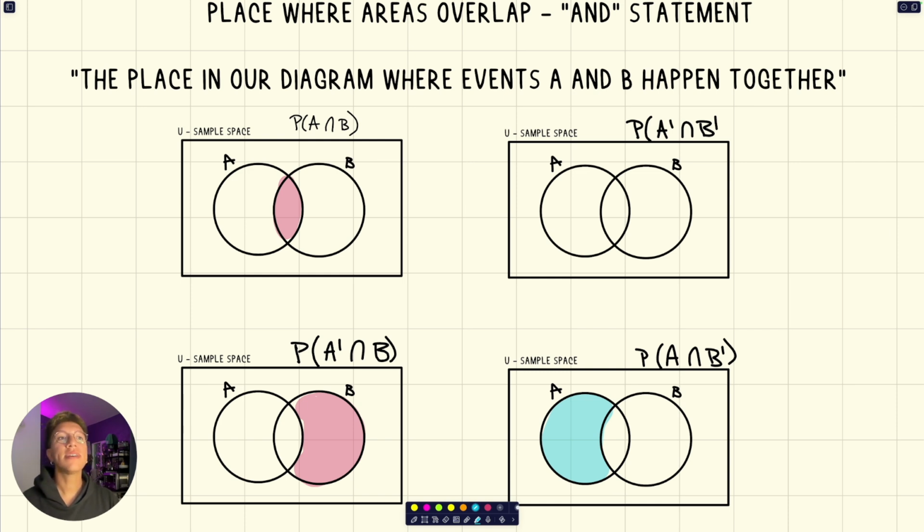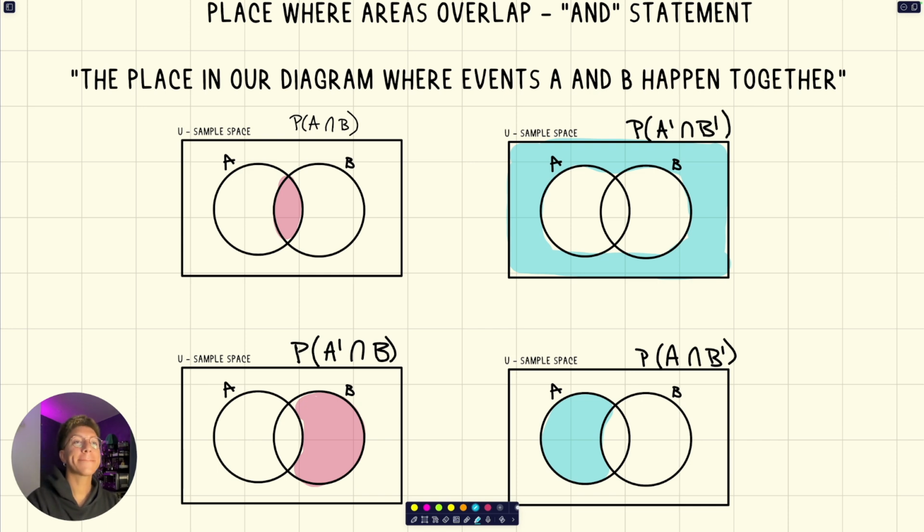And for this one up here, oh, we're missing a parentheses. We're going to be taking a look at everything that's outside of A and B. So we're everything outside of the two circles. And so those are the four cases that we can possibly have for intersection.